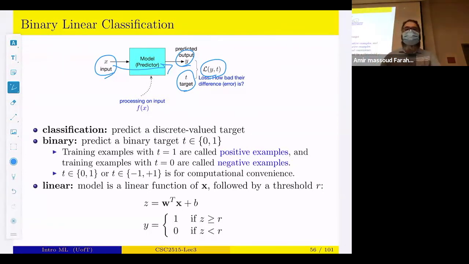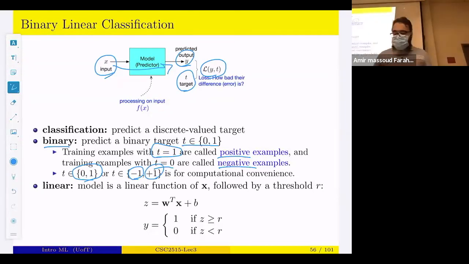Let's try to formalize it a little bit. Suppose we predict a binary target which is equal to 0 or 1. So we say 0 or 1 as our possible targets. Sometimes we say that t equal to 1, we call it positive examples. If t is equal to 0, we call it negative examples. Also, the choice of 0 and 1 is arbitrary, of course. We could choose some other values, for example, -1 and +1.